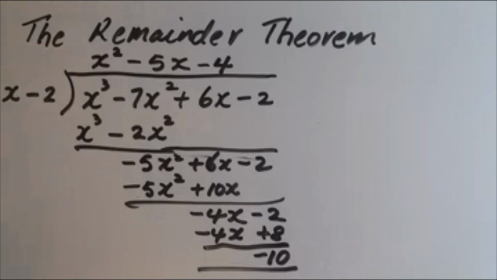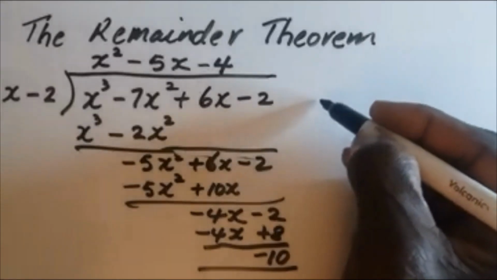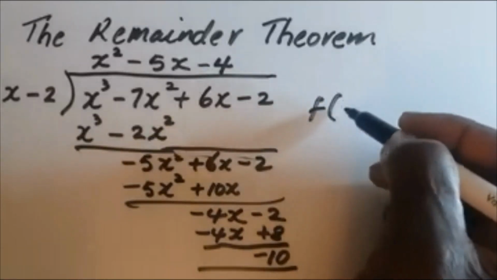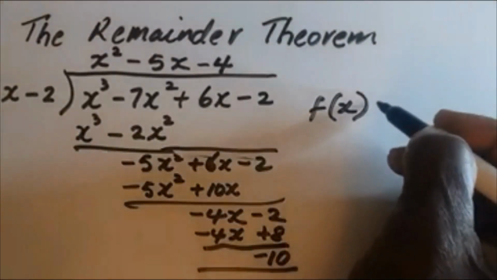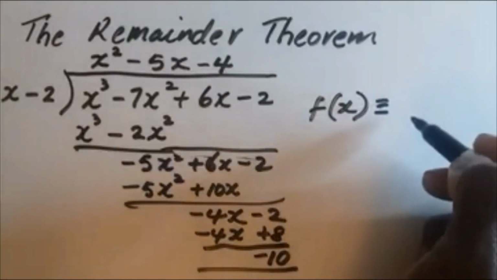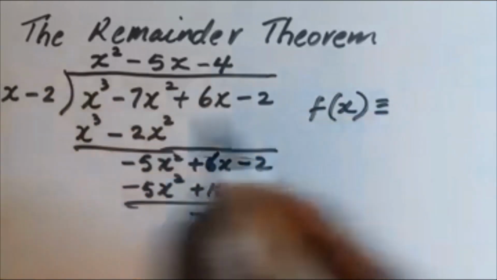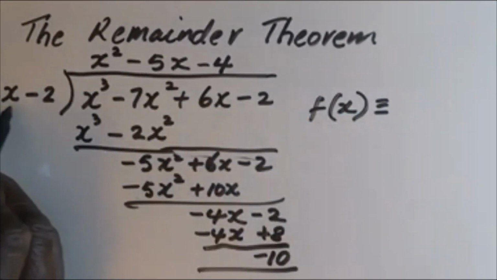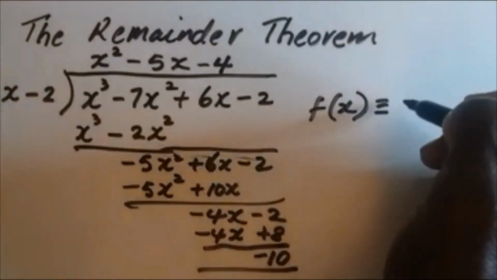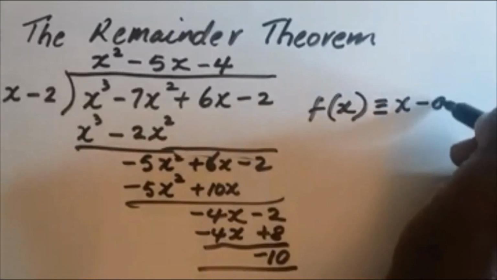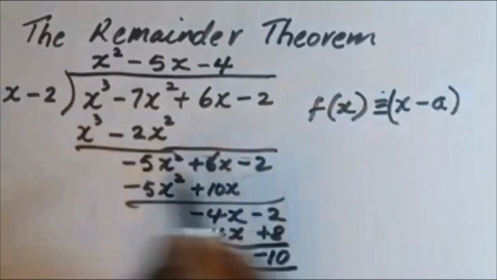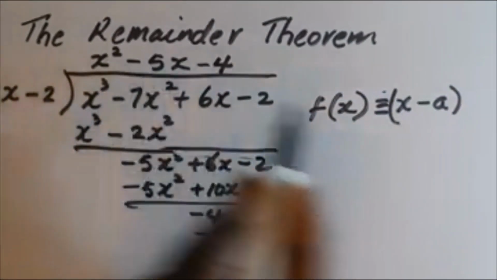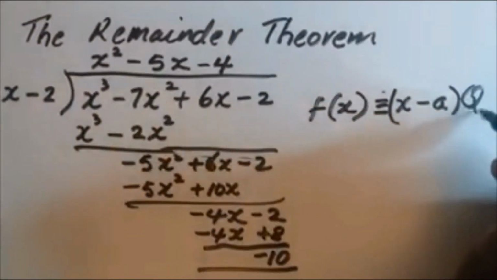as a generalized form, we can write that f of x, which is our polynomial, is equivalent to x minus a. This is the linear function we're referring to. If we multiply that by the quotient, we call the quotient q of x.